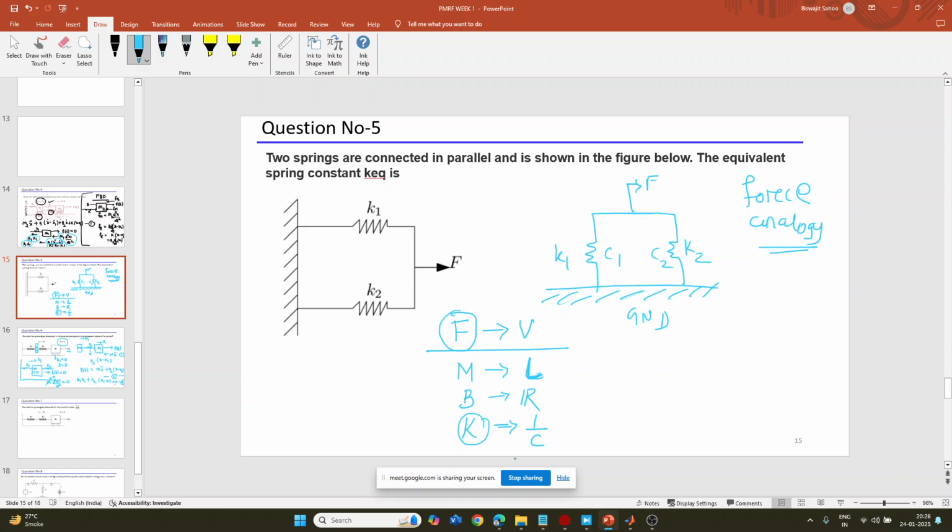What is the equivalent capacitance? If you're not comfortable with the force analogy, you have to convert into a voltage analogy. In the voltage analogy, you see that this is a capacitance, then two capacitances are connected in parallel, so it should be C1 plus C2. So the answer should be K1 plus K2.